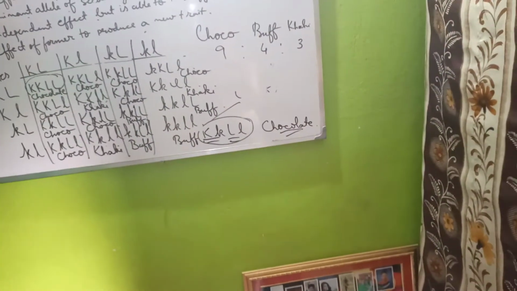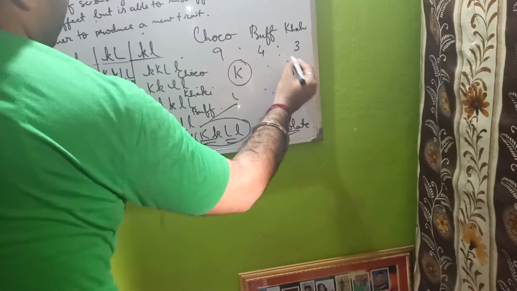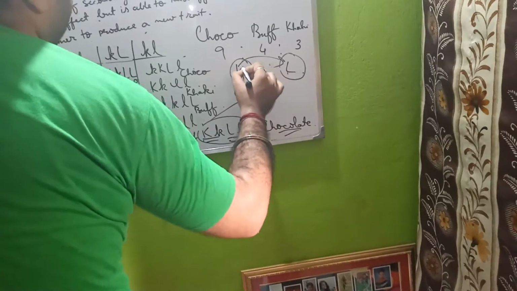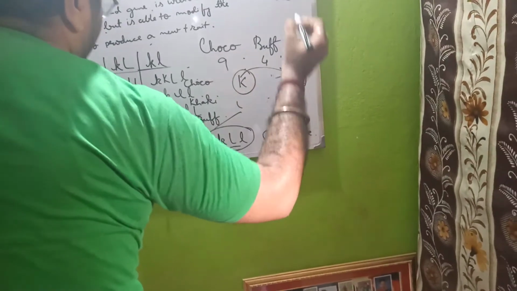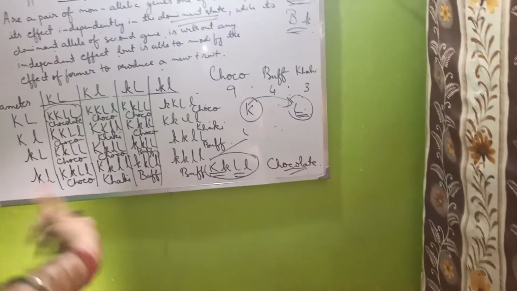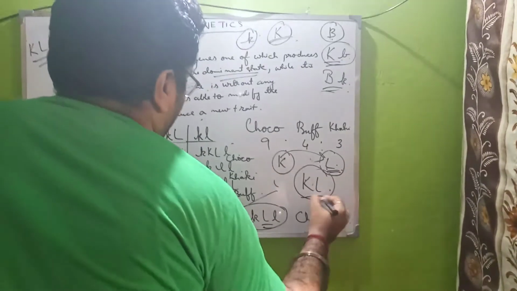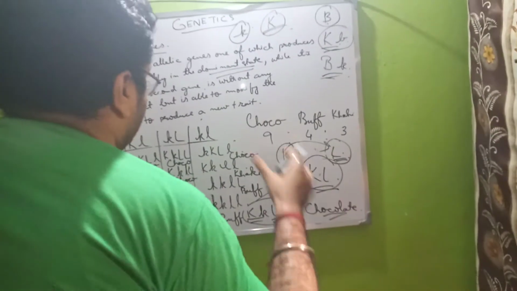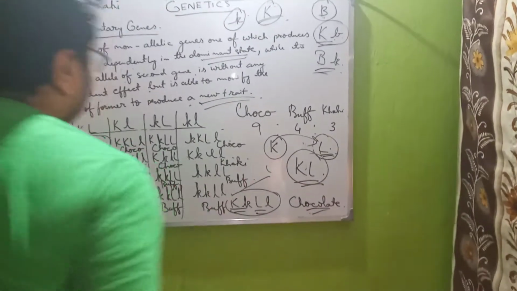So remember that a supplementary gene is that gene where both will be non-allelic, and over here this gene will be able to express only if it's in dominant state. It will not look at whether the second gene is in dominant state or in a recessive trait. Now when both the genes come together in the dominant state, then we will be getting a different or a new trait, like it is written over here, and the new trait here was the chocolate color.